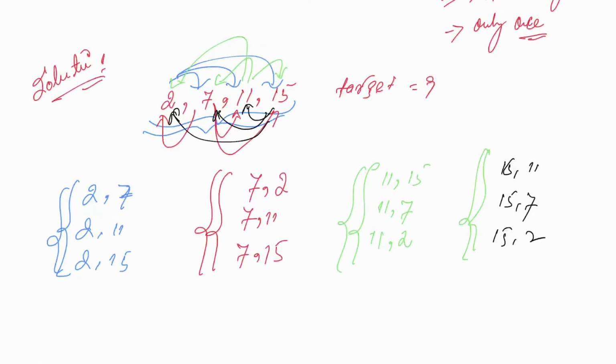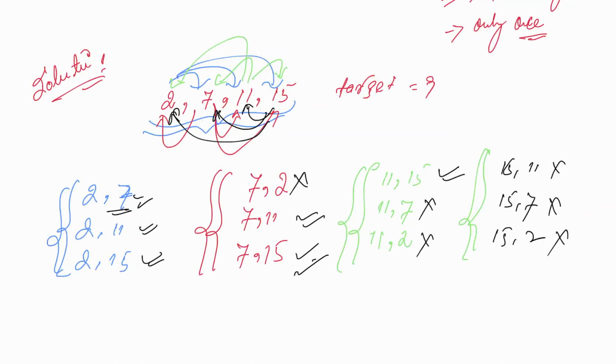But there was one assumption that we cannot use the same element twice. So 2, 7 has already been counted, so we can ignore this pair, as well as 2, 11, and here we have to ignore all the repeated values. These are the valid unique pairs.